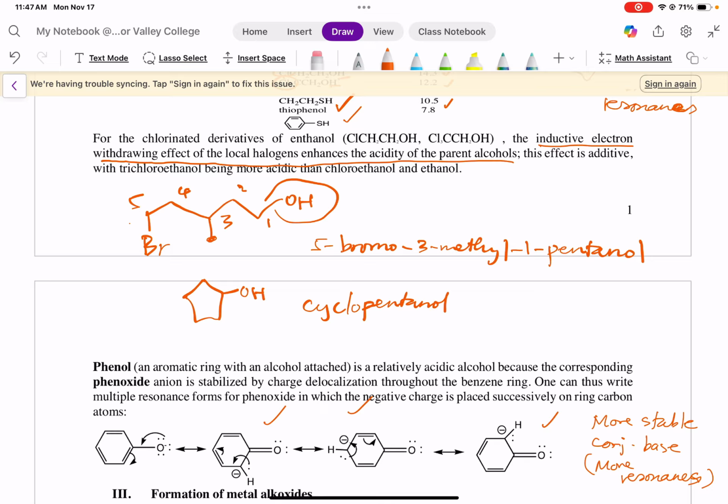If you have a branch, then the alcohol is number 1 and the bromine is number 2, but you just name the bromine. Okay, 2-bromocyclopentanol. You don't have to put 1-cyclopentanol.